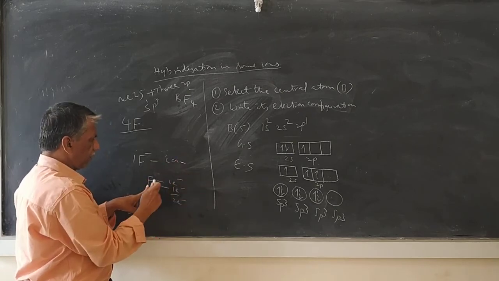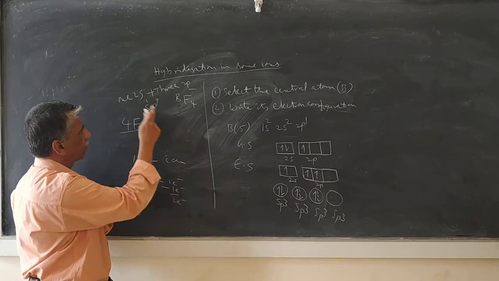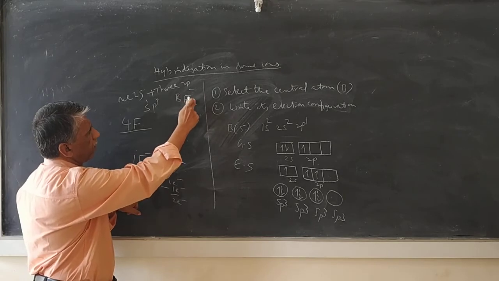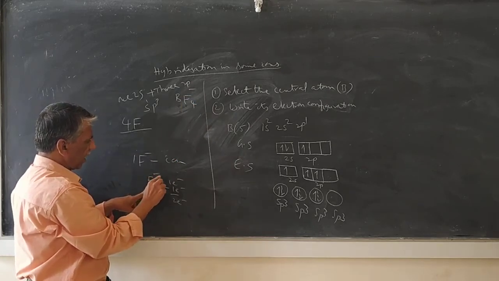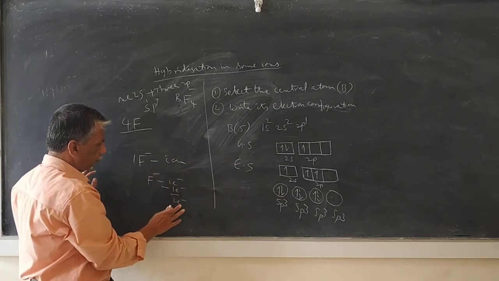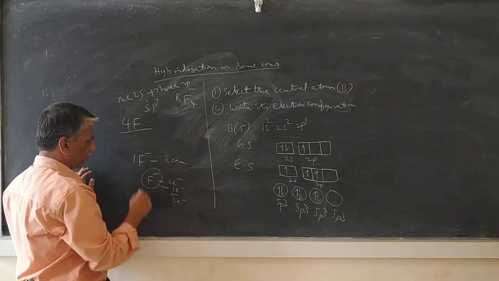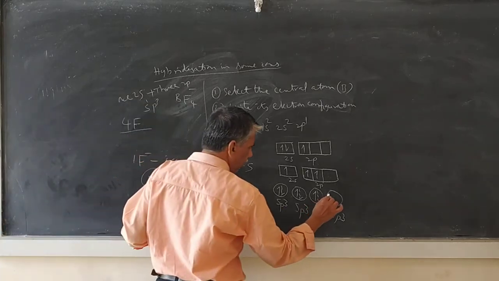Okay, but we don't have a fluorine atom here. We have F minus ion. The example is BF4 minus. Since the ion carries a negative charge, we have 1 extra electron. So totally we have 2 electrons from this F minus. So these 2 electrons of F minus will come and join.